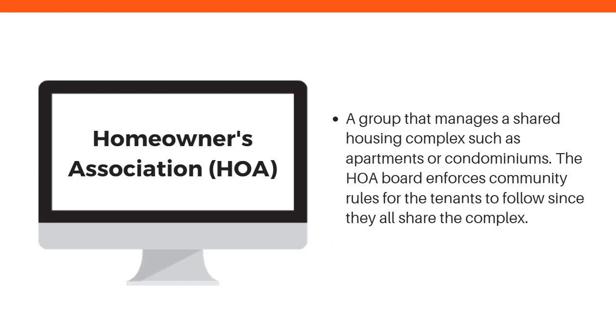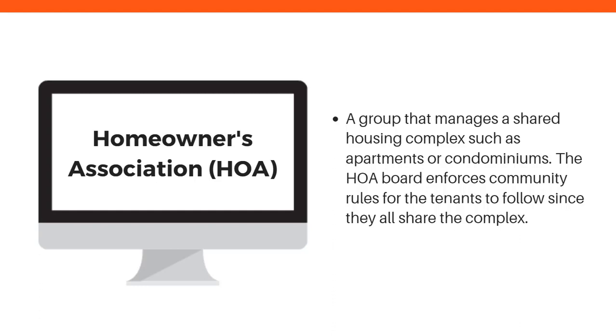Homeowners Association, or HOA as it's called in short, this is the group that manages a shared housing complex such as apartments or condominiums. So the HOA board enforces community rules for the tenants and the residents to follow, since they all share the same complex. It's kind of like a governing board that controls what's going on in the building to make sure the building is being run properly and it's being maintained and upkept.